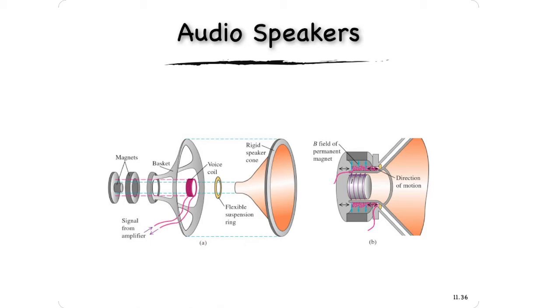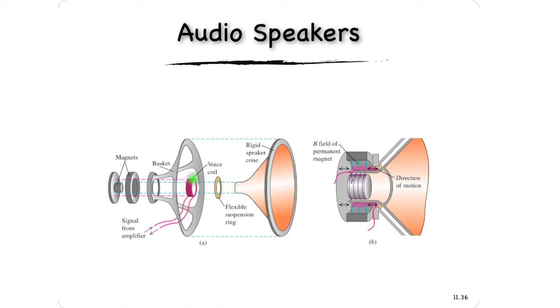uses this effect. The wires that go into your speaker actually loop around a coil, and that will carry current through it. And then the cone of the speaker itself will have a magnet in it.